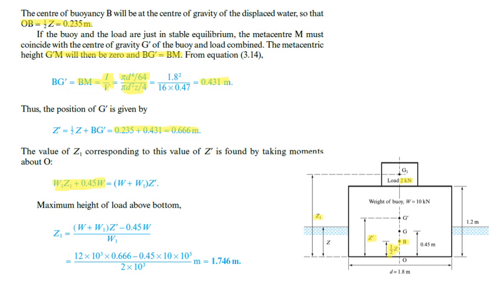So this G is located at 0.45 meters. So plus 0.45, is equal to the total weight and their combined center of gravity, which is G dash, the distance from this G dash till point O, which is Z dash.